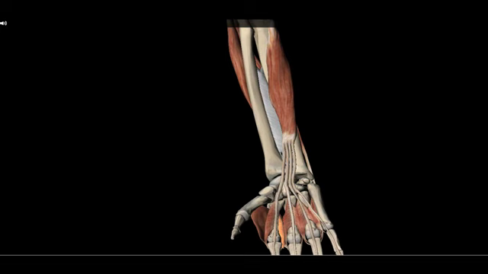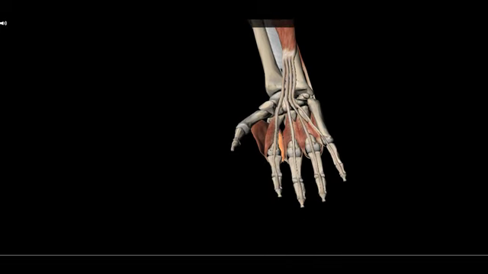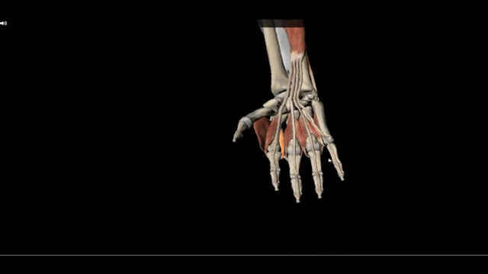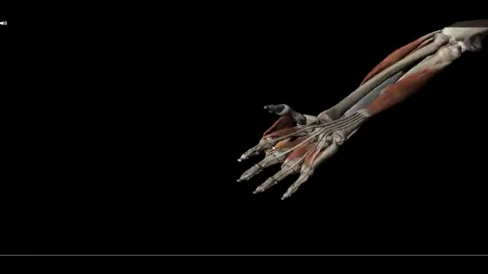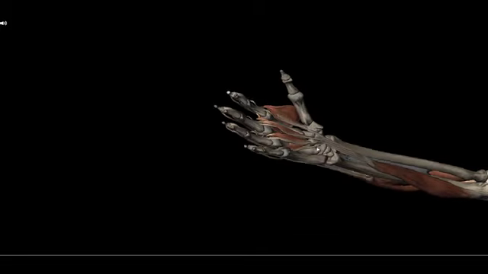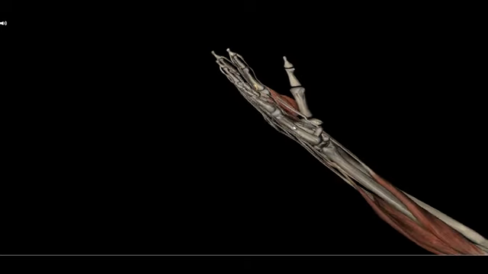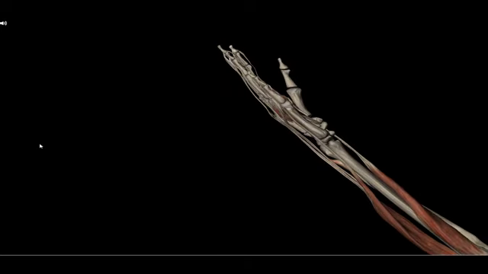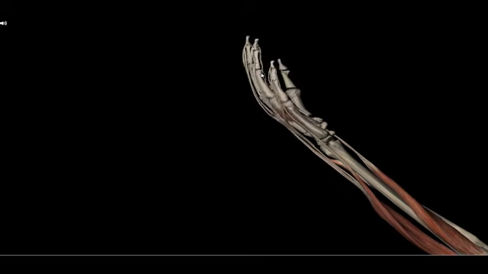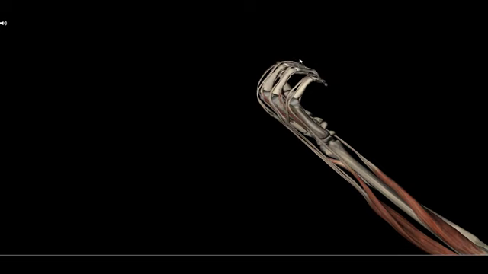And as we learned earlier with our extensor mechanism, we can see how they attach into the extensor mechanism. So when I look at finger extension, moving from the flexed into the extended position, we can see that central pull on each one of those segments.